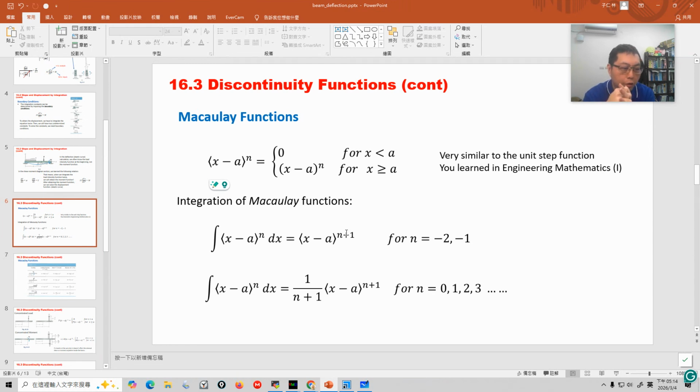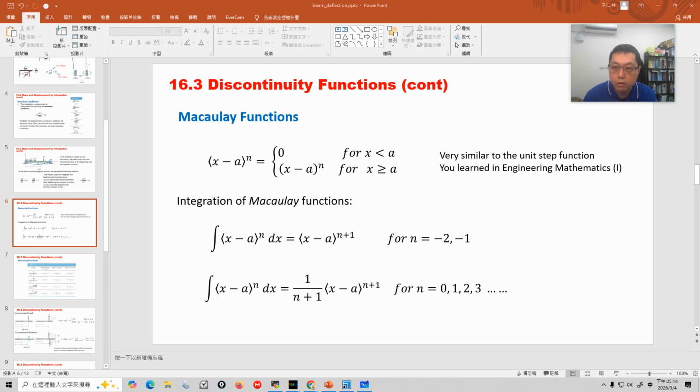The integration rule is all about the power of the discontinuity function, and the power is very critical here. If your power n is equal to -2 or -1, then your integration is just to keep this function and add 1 to the power.